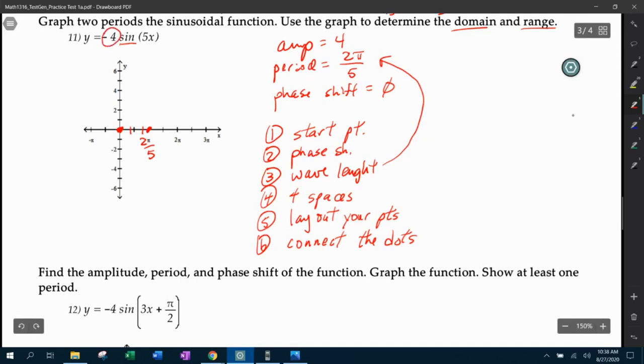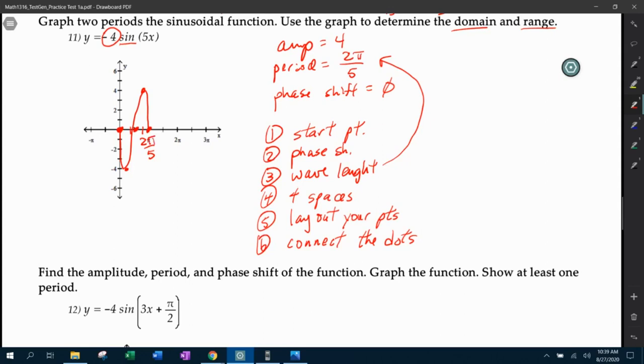And the number in front of the trig function, the coefficient, is -4, which means at the first hash mark, we're going to be at -4, and then we're going to return to the x-axis. At the next hash mark, we're going to be up at +4, and then we're going to return to the x-axis, and then connect the dots. Gets us one complete wave, or you could say one period, in a distance of 2 pi over 5.